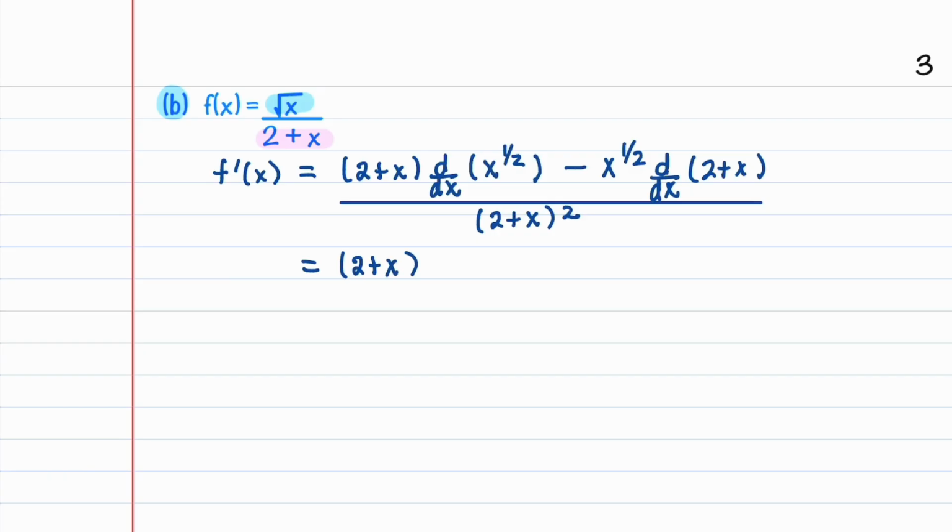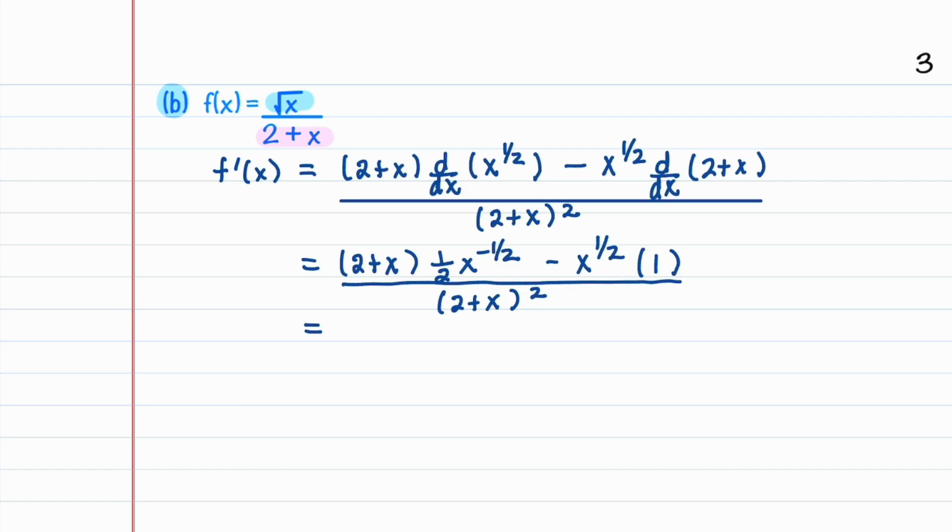The derivative of x to the 1/2 is 1/2 x to the minus 1/2. And then we subtract off x to the 1/2. And the derivative of 2 plus x is actually just 1. And then all of this is still divided by 2 plus x quantity squared.